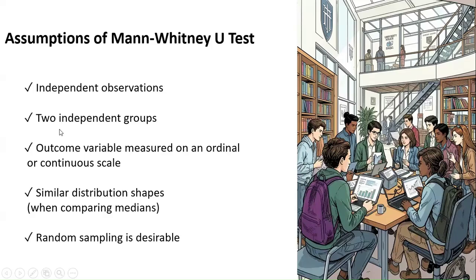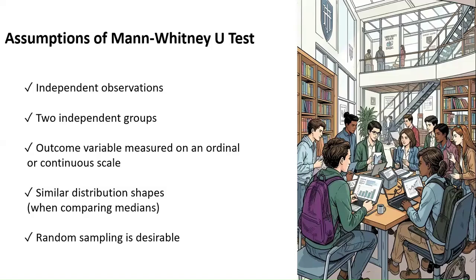Second, the test compares exactly two independent groups. If more than two groups are involved, a different non-parametric test such as the Kruskal-Wallis test should be used. Third, the outcome variable should be measured on at least an ordinal scale. Continuous variables are also acceptable.